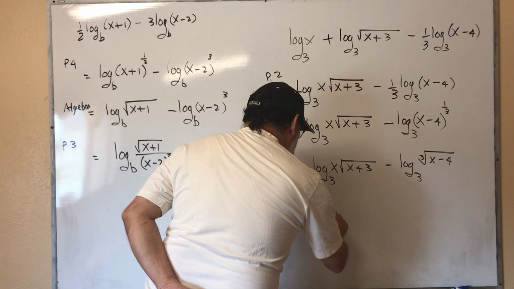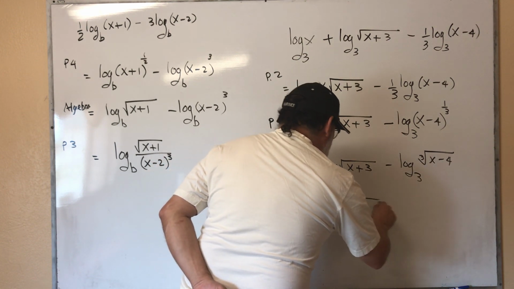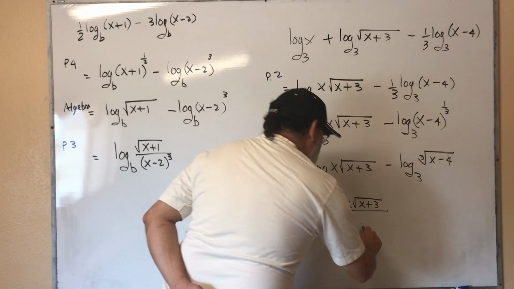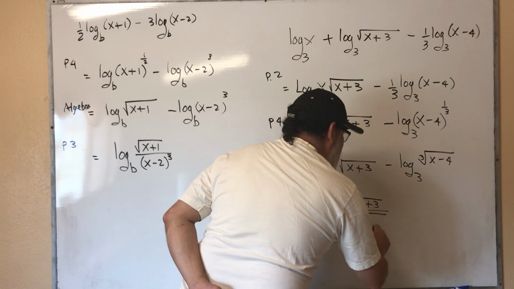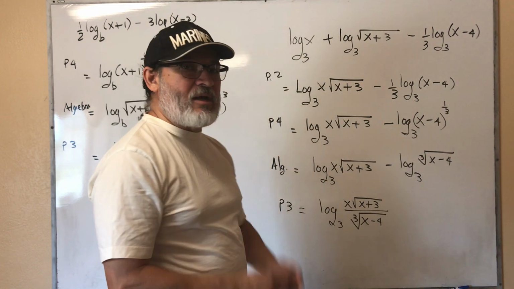So this is the log base 3 of x times the square root of x plus 3 divided by the cube root of x minus 4. And we're done.